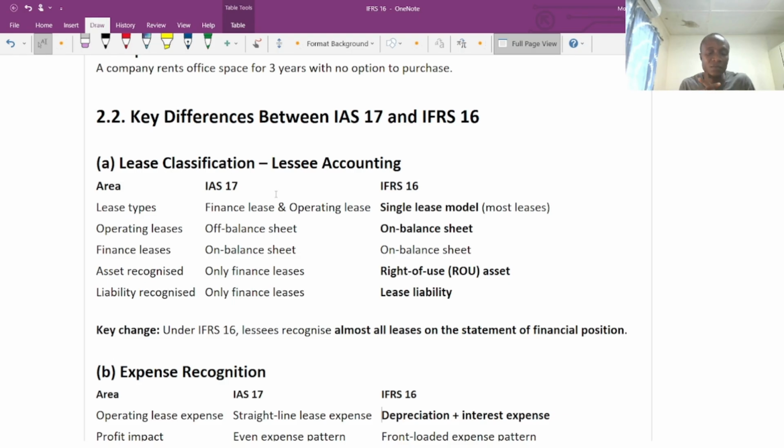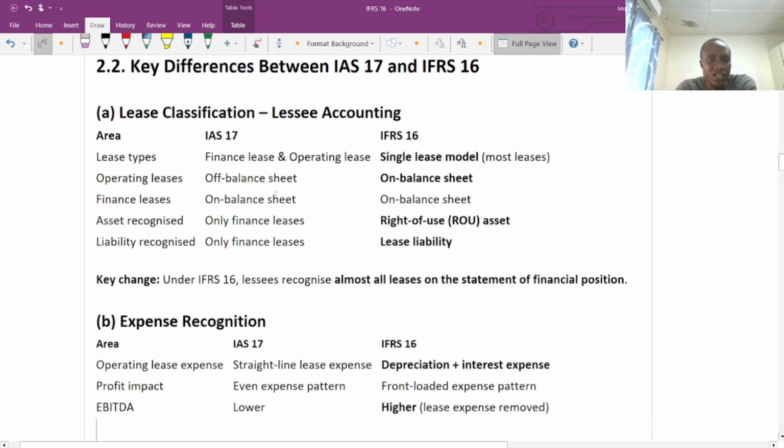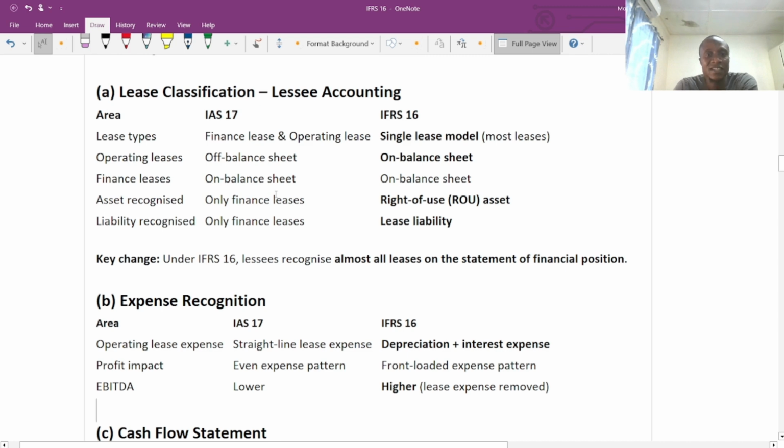Liability recognized: under IAS 17, only finance leases have a liability recognized, while for IFRS 16, all leases other than short-term or low-value leases will have a lease liability recognized. Now, key change. Under IFRS 16, almost all leases are recognized on the statement of financial position. Key change.